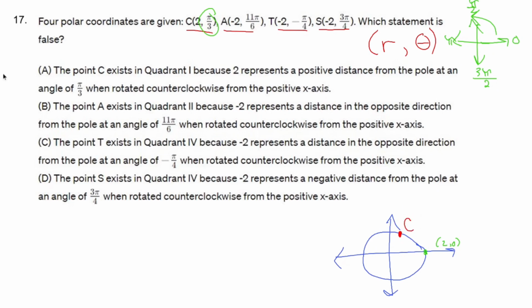Now, let me clear some of this mess up. If I were looking at these and thinking negative radius, what does that mean? Negative R. Well, let's figure out what 11 pi over 6 is first. It's way down here. So I'm going to go all the way counterclockwise to way over here. Okay, but since this is negative 2, I'm not going to put a dot here.